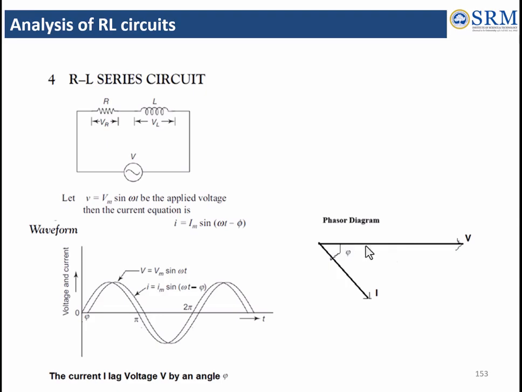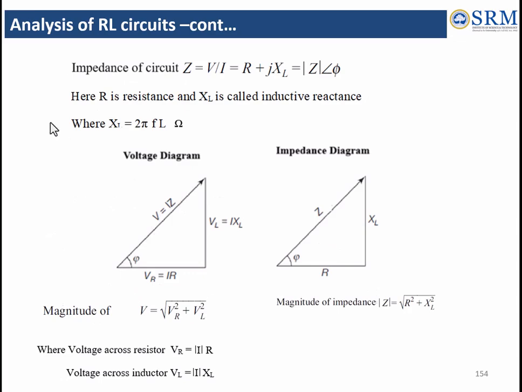This is the phasor diagram: voltage is the reference and current lags the voltage by phi in an RL series combination. In the waveform also, the voltage waveform starts at 0-degree, but the current waveform lags by phi angle.